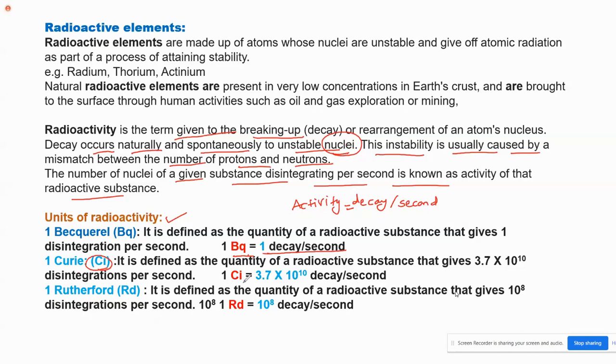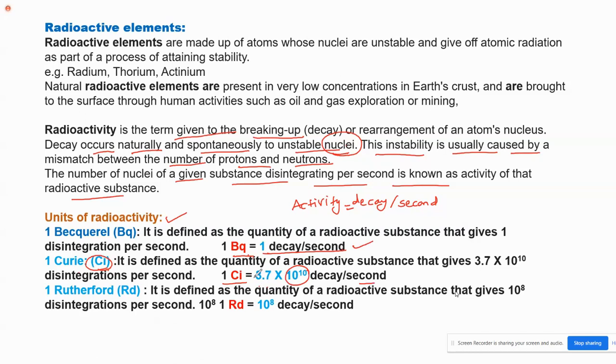Now 1 Curie is a bigger unit. It is 3.7 into 10 raised to 10 decays per second. So becquerel is a very small unit, and 1 Curie is a big unit.